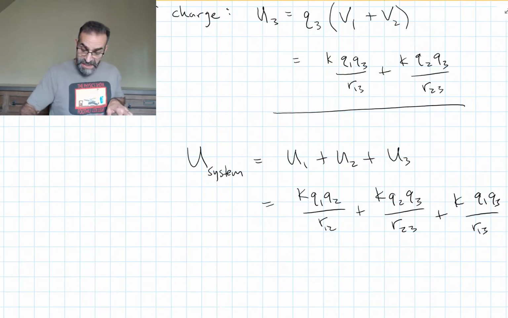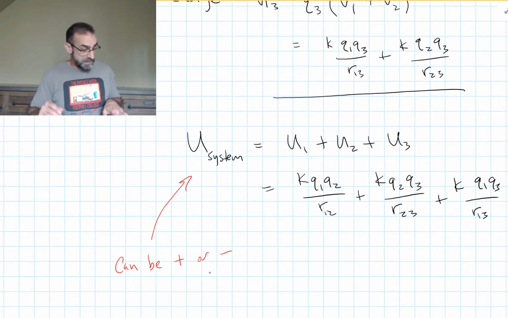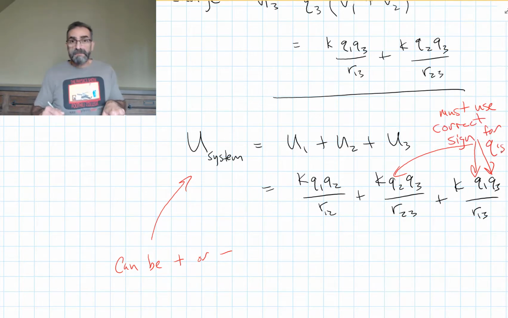And these U's, this is important, can be positive or negative. You must use the correct sign in here for your charges. Must use the correct sign for the Q's.